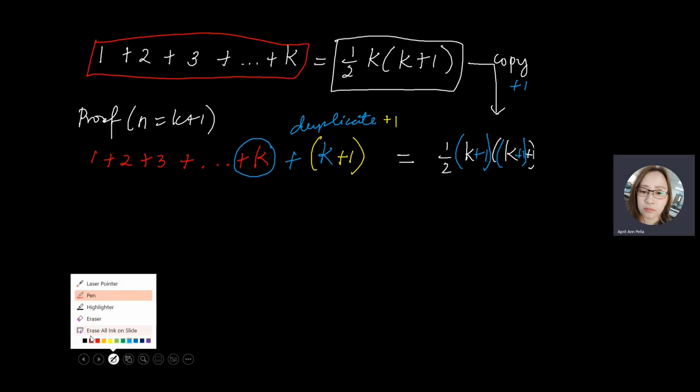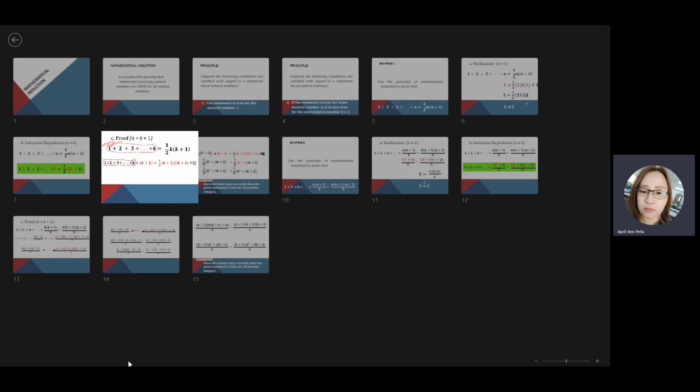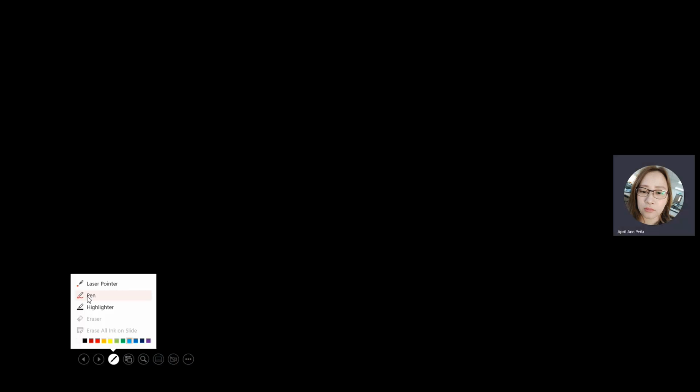In doing that, you just copy this portion. I'll just rewrite it because it's gone.